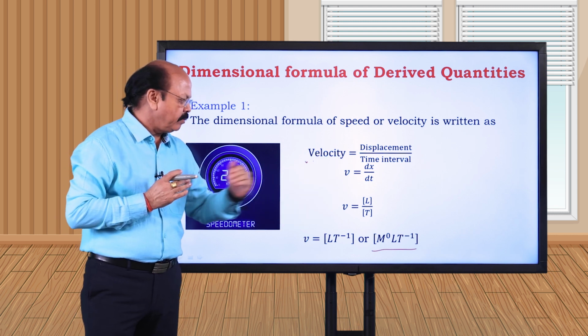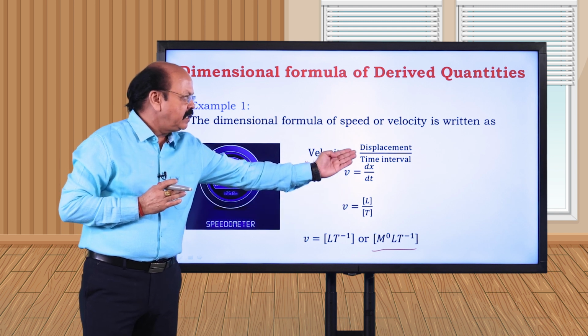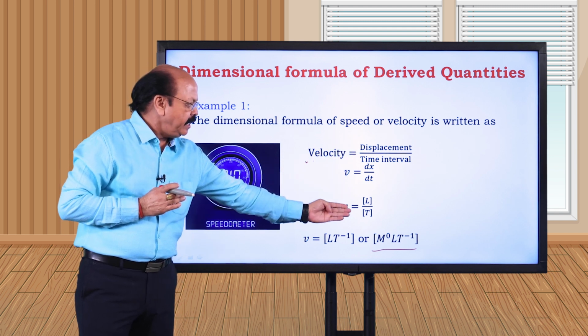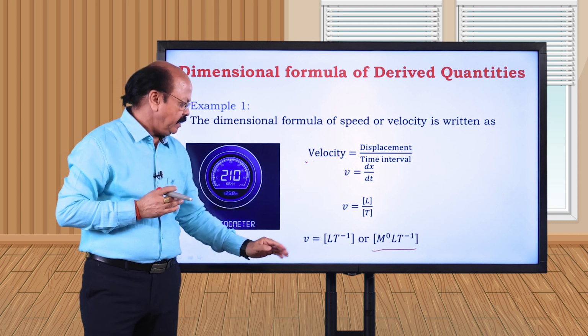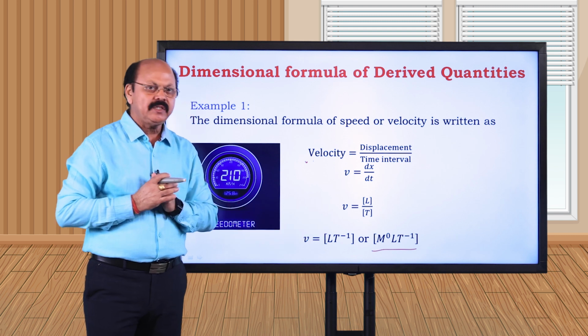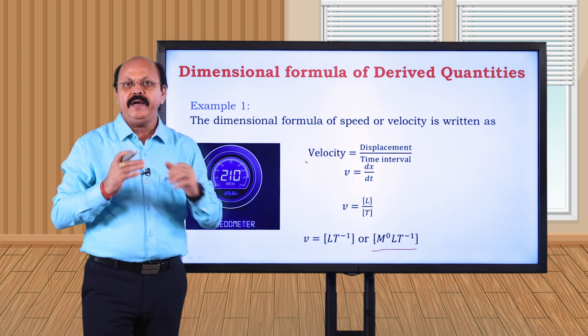Now, for the dimensional formula for velocity, L is the dimensional formula for displacement and T is the dimensional formula for time interval. Then we can write v equal to L T^-1 or [M^0 L T^-1] within square bracket.